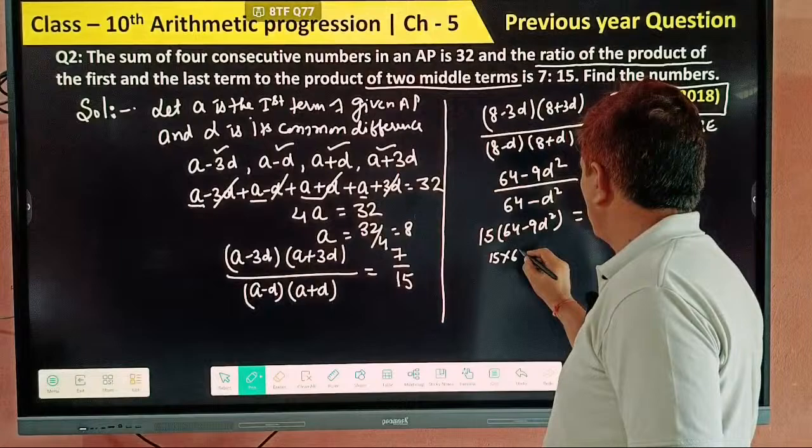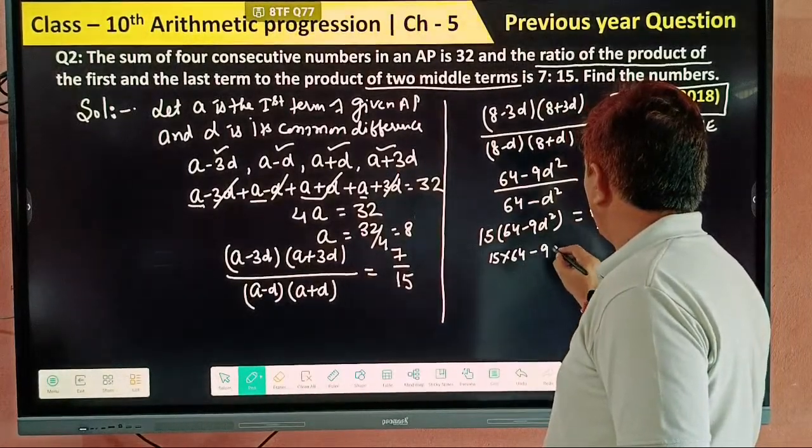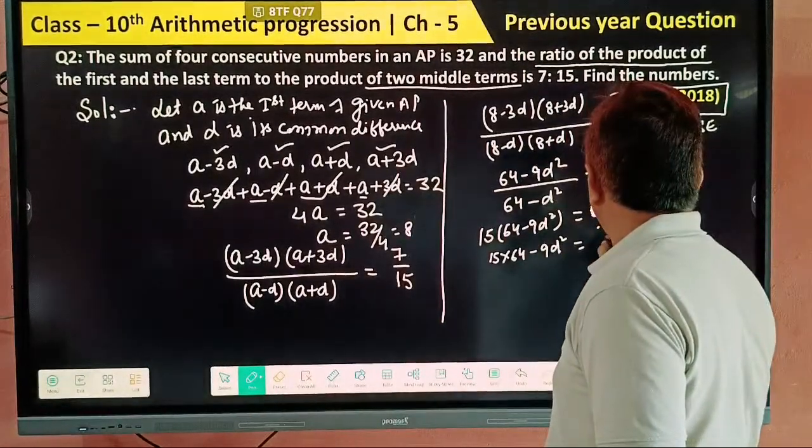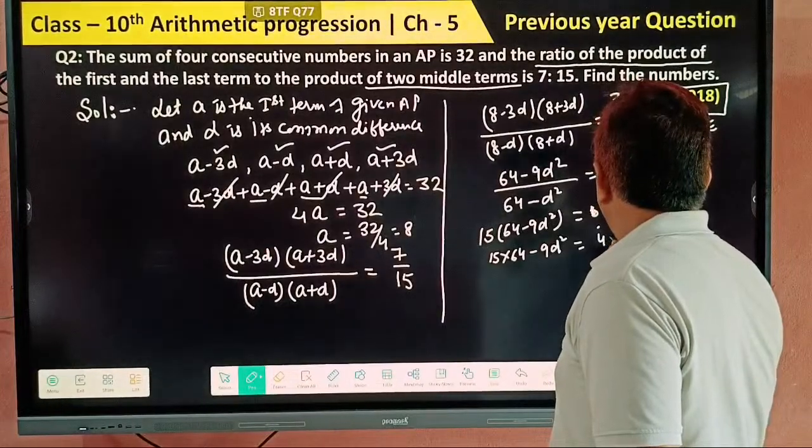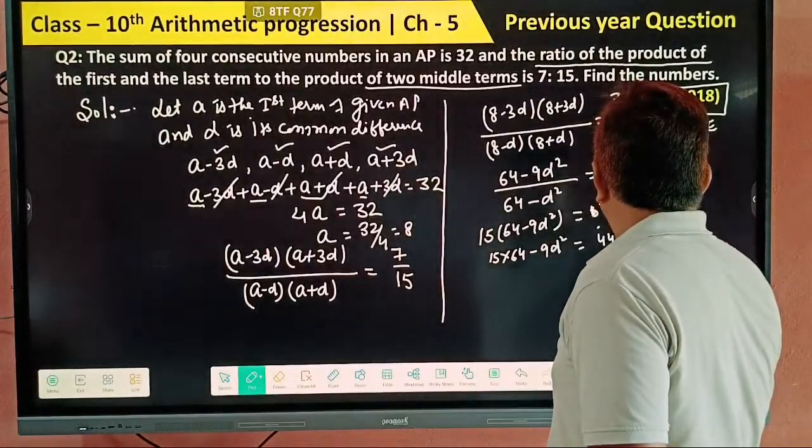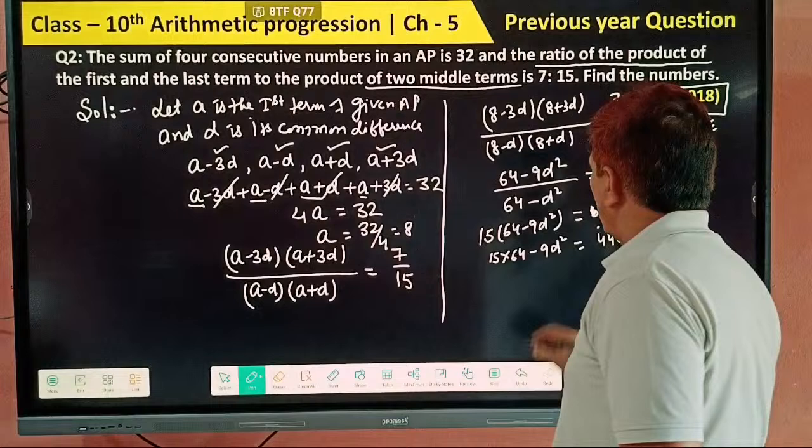15 into 64 minus 9d square equals 448 minus 7d square.